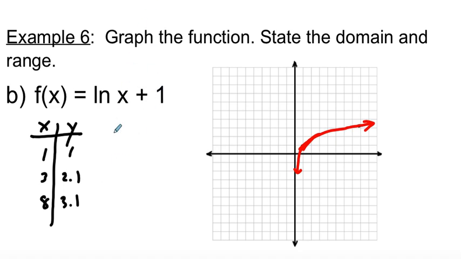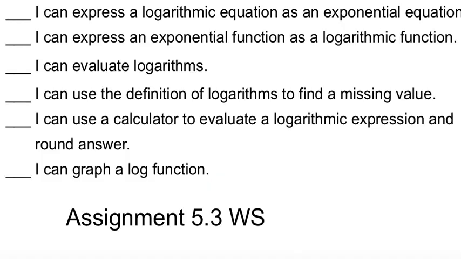So the domain we said was 0, comma infinity. The range, bottom to top, is negative infinity to infinity because it goes forever up. So you are going to be working on that 5-3 worksheet.